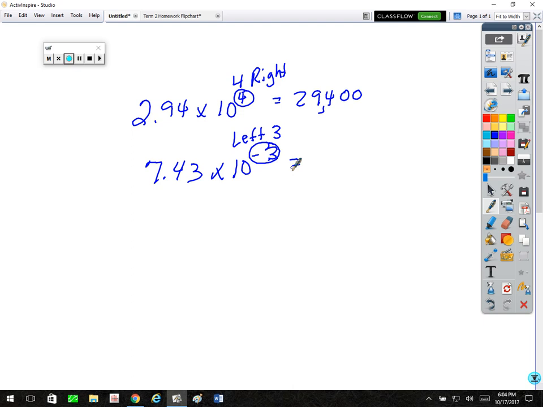So take my decimal. Right now it's behind the 7. If I move it in front of the 7, that's 1 place, 2 places, 3 places. So 1, 2, 3. That's your decimal. So 7.43 times 10 to the negative third power is the equivalent of 0.00743. Just move your decimal whichever way it wants you to go.